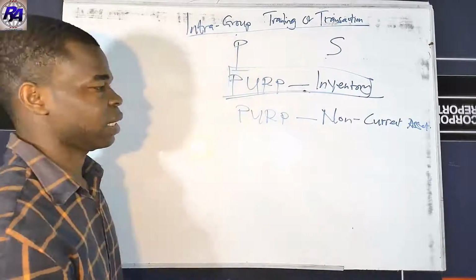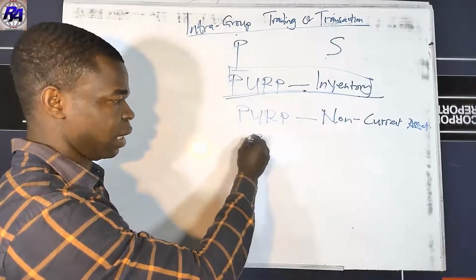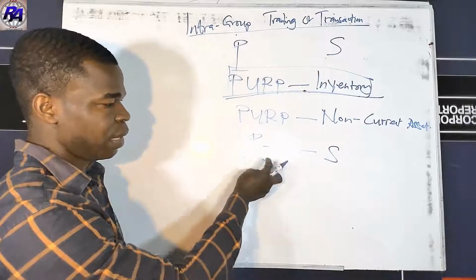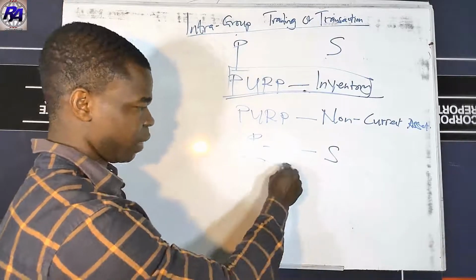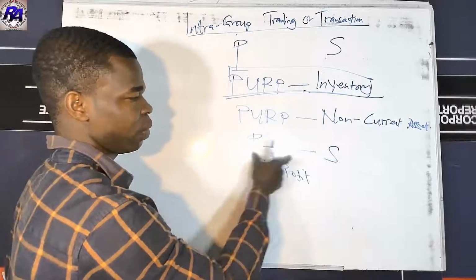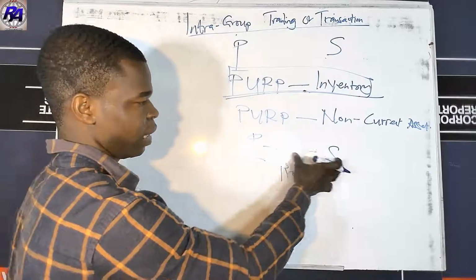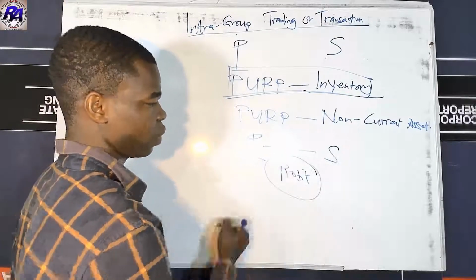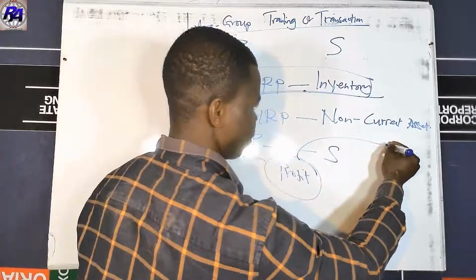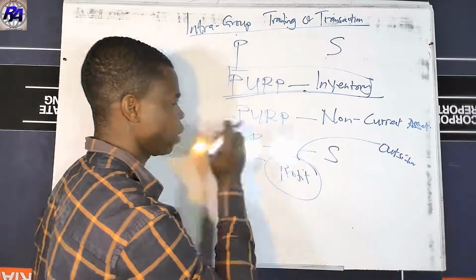What it means is that one of the members of a group, let's say the parent in this case, will sell to the subsidiary at a profit. Remember that these two entities are in the same group and they are one entity, and therefore any transactions among them should not give rise to profit. But when any of them is selling to an outsider, an outside entity, that is when they can make this profit.